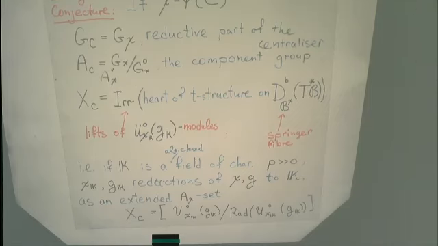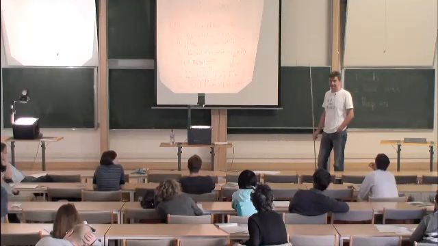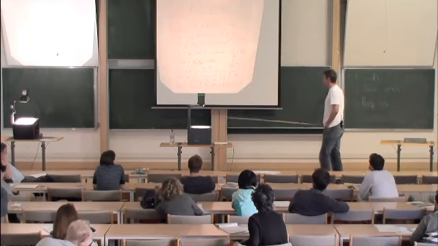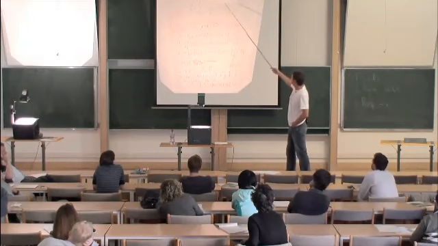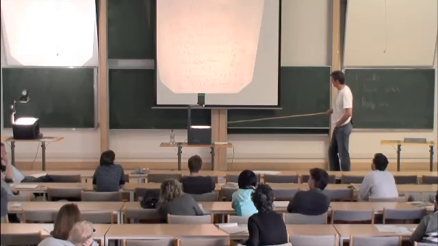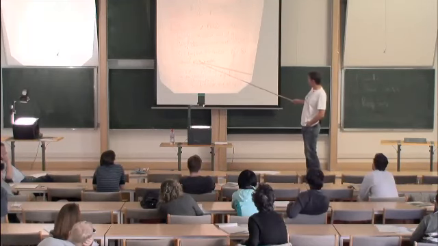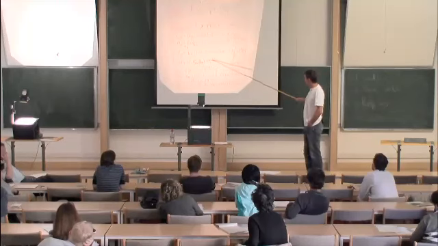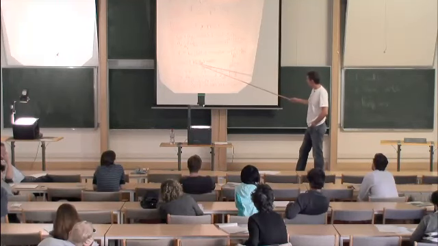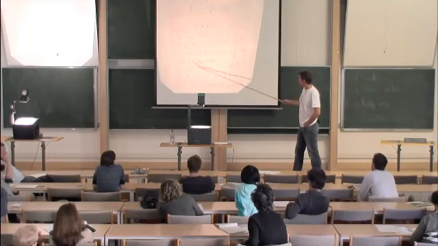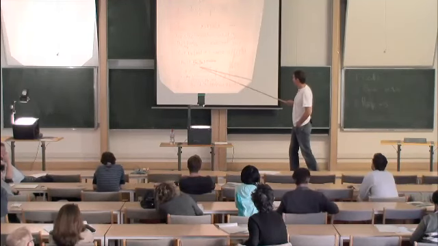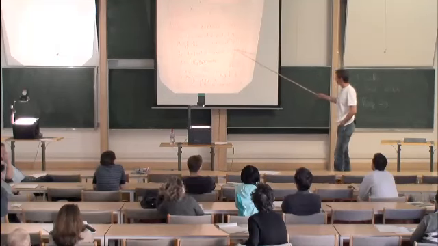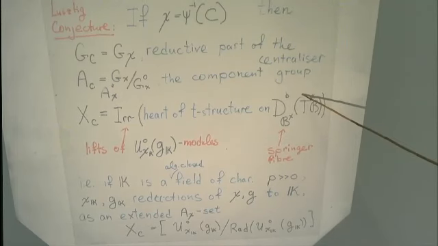Any questions at this stage? Essentially, the two A_χ sets, one which comes from W and one which comes from representations, are the same. I should say what this means. Representations of the algebra U_0(g)_χ are derived equivalent to this category in characteristic p.